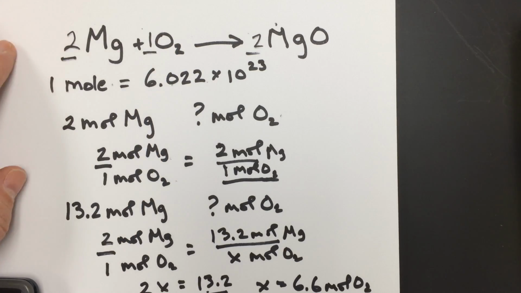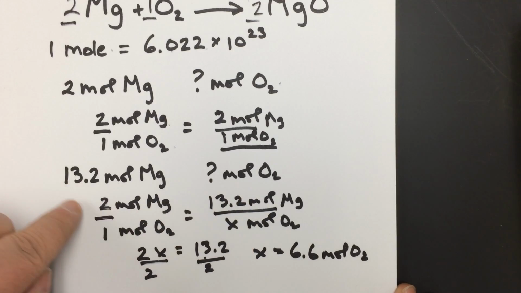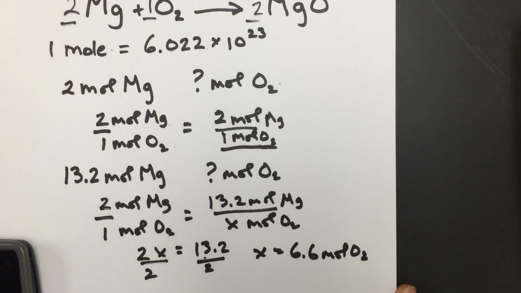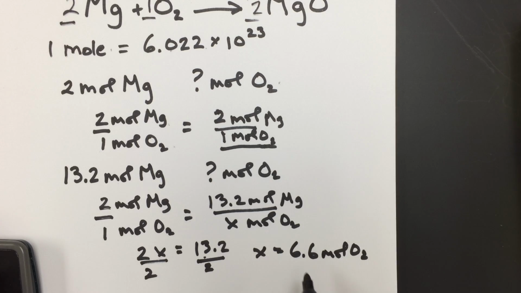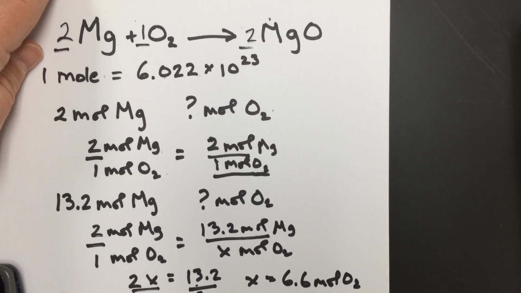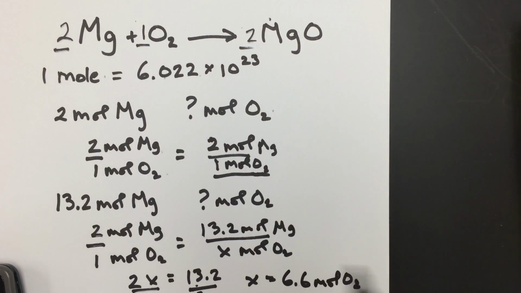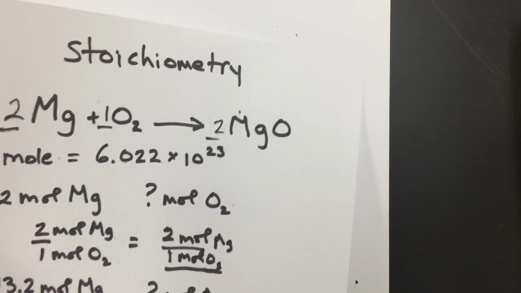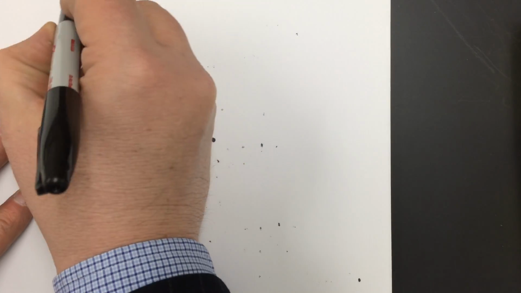So it's simply going to be a cross multiply. 2 to 1 is 13.2 to what? When you find it out, 6.6. Now that you know the moles of oxygen, if that was the question, then great, you're done. If it's not, let's start again.